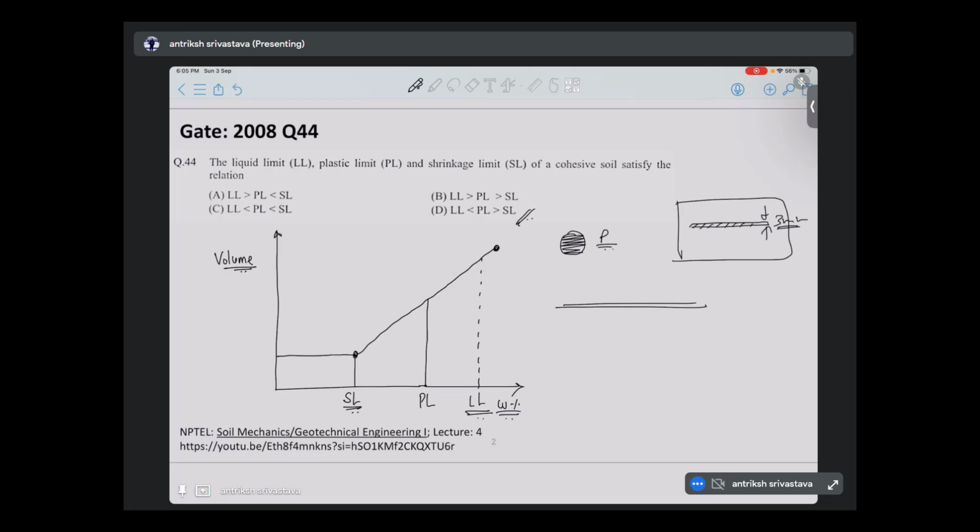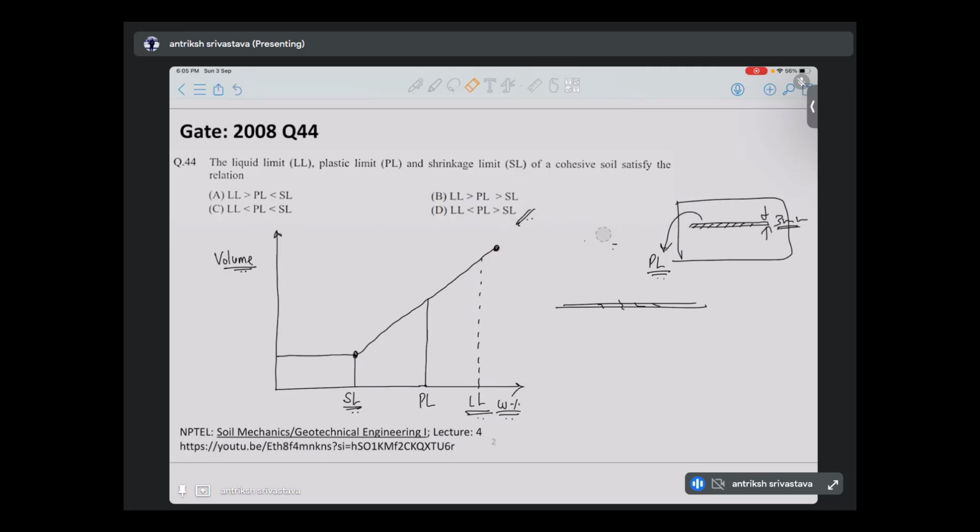If it does, then you say that that particular water content is the plastic limit. If you can go finer than 3 mm without breaking the roll of soil, then we have to reduce the water content even more to get to the plastic limit.